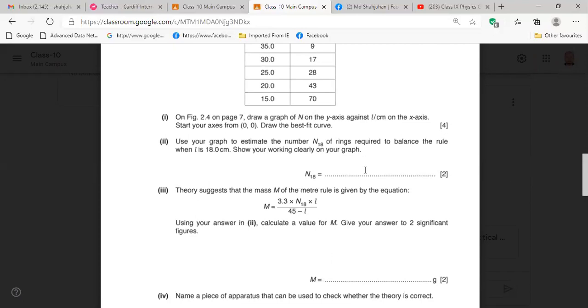Then Moshi, what about you? Sir, it's just done. You send yours also. And the rest of the paper, this worksheet, is available in your Google Classroom. From there you can find the other answers.